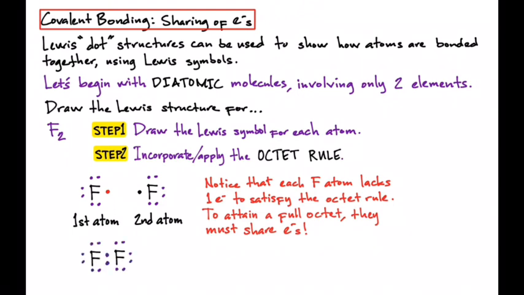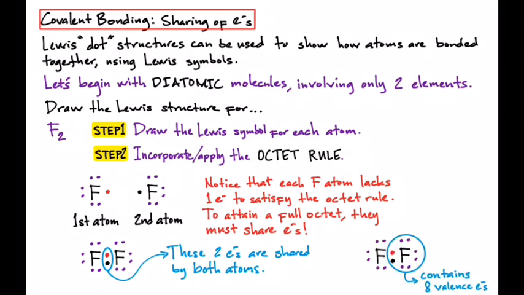So now these 2 electrons right here are being shared by the 2 fluorine atoms. And so when you count the total number of valence electrons, this fluorine right here has 2, 4, 6, 8 valence electrons, and this second fluorine right here also has 8 valence electrons. So this is the Lewis dot structure for the fluorine gas molecule.